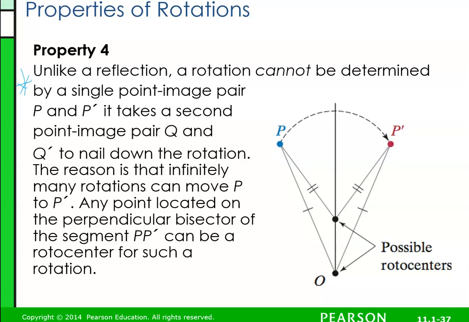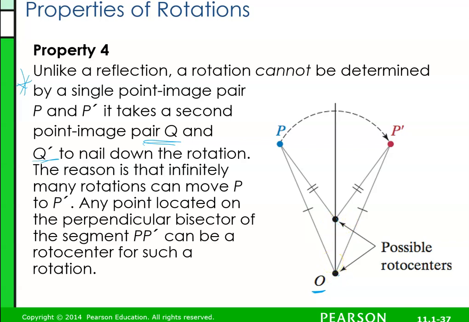If you take a look at the diagram, we look at P, P prime. We need another point because if I chose this bottom point as the rotocenter, I still have equal distance there. But if I move that up, I can also still have equal distance. So we need another set of pairs of points to figure out which one it specifically is.